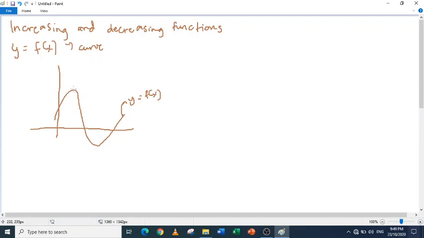So let's say this is the maximum point, and say this is the minimum point. So if we project this value, let's say at x is equal to a, and this value is equal to x equals b.